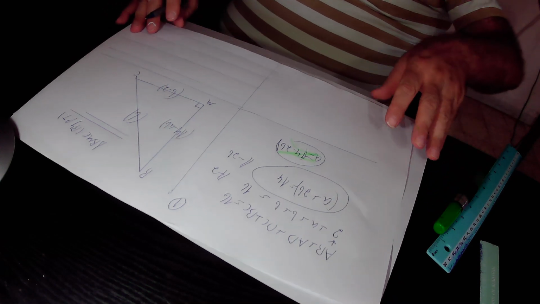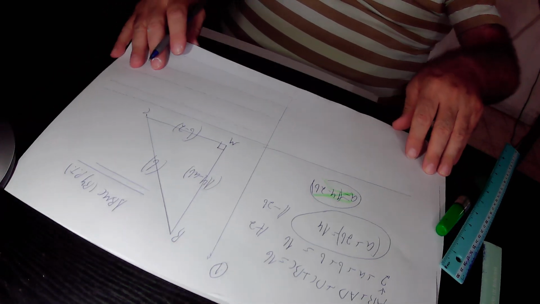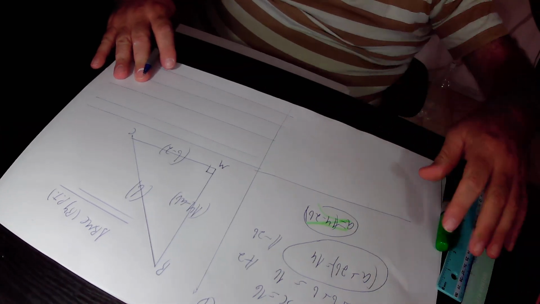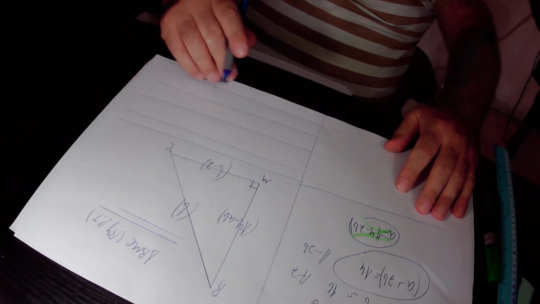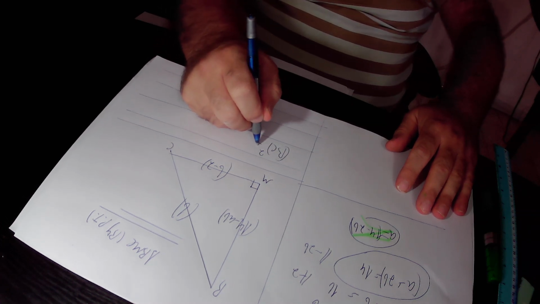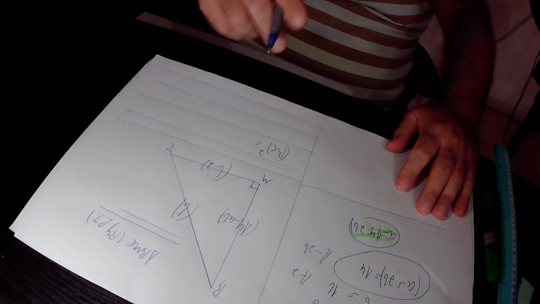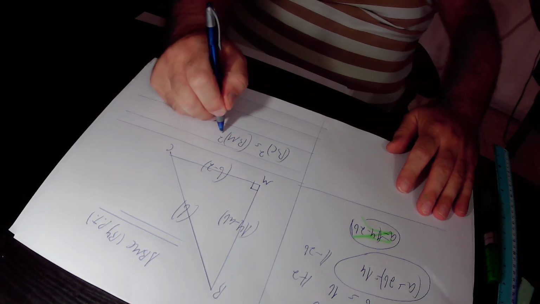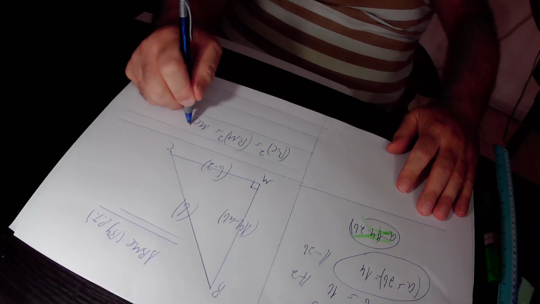So in this right triangle BMC, according to the Pythagoras theorem, BC squared, that is the square of the hypotenuse, is equal to BM squared plus MC squared.